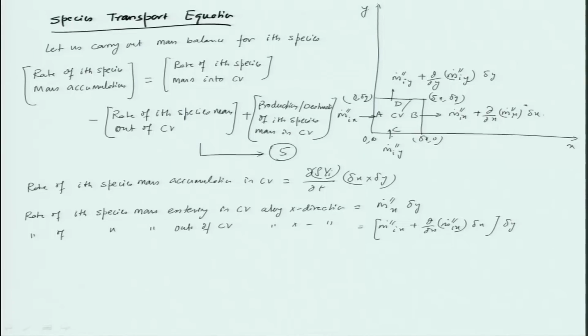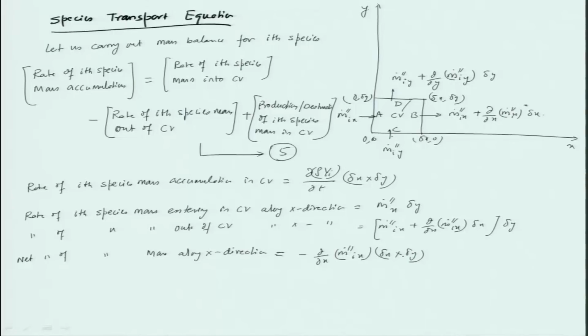So, the net rate of ith species mass along the x direction, as I have done earlier, will be minus dou by dou x of m dot_i,x times delta x times delta y. Yes or no? Is it okay?